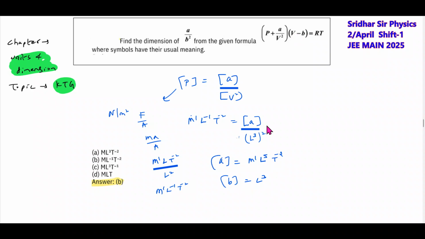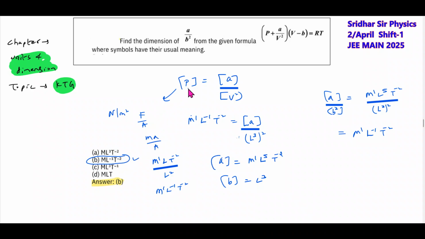Now it is asking a by b square. The dimensions of a are M1 L to the power of 5 T minus 2. The dimensions of b square will be L cube square. So M1 L to the power of minus 1 T minus 2. And this will be your option.